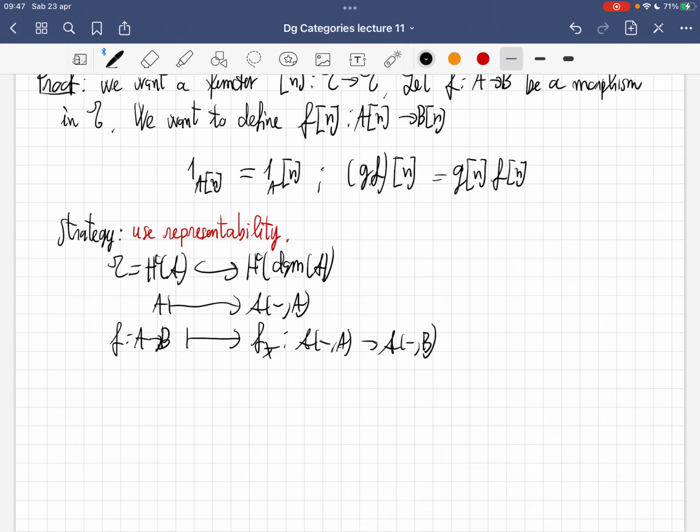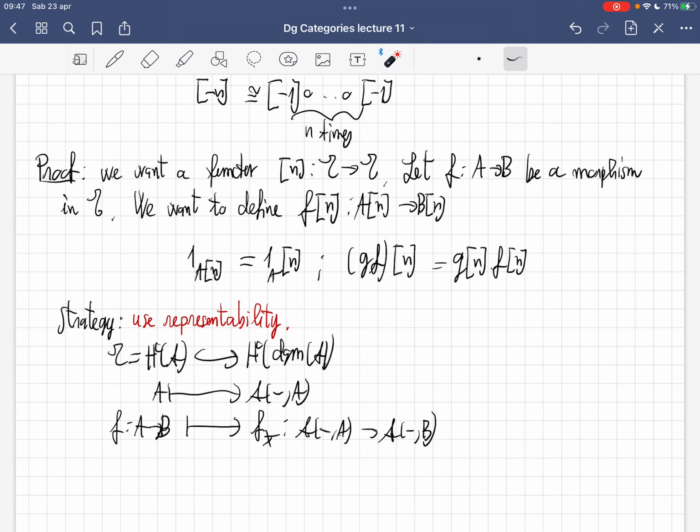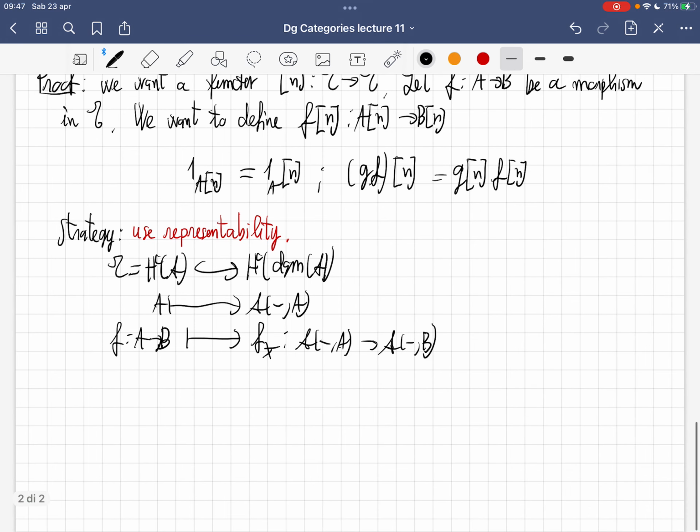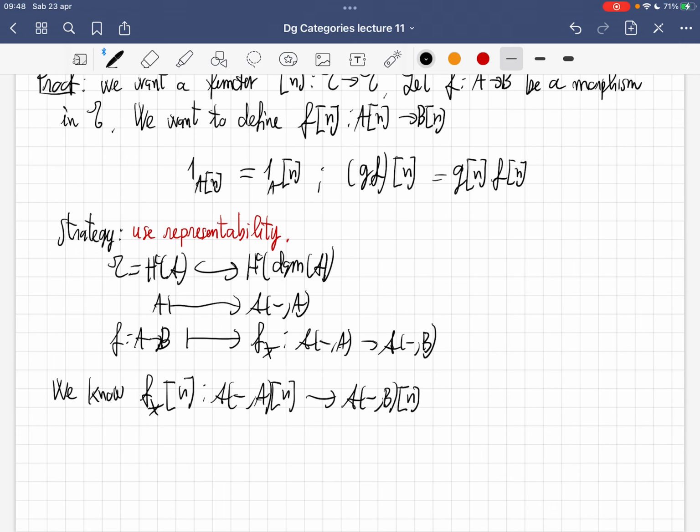Indeed, you consider, for example, this F is mapped here, so we know this n shift at this level. Defining this is kind of trivial because these are really concrete shifts, and term-wise they're just complexes. So here what you do is shift the degrees, n steps to the left, I think.